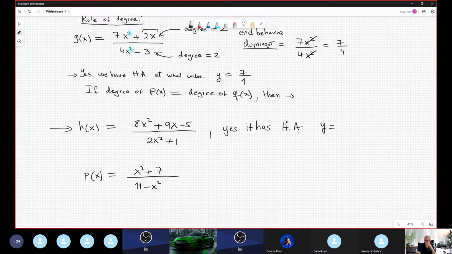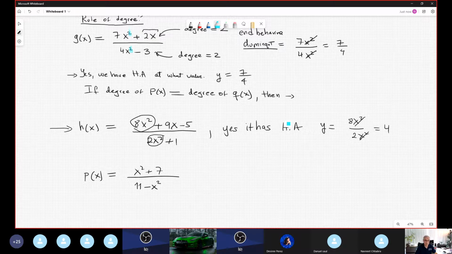What is the dominant monomial in the top? 8x squared is the dominant. What is the dominant in the bottom? 2x squared. It's obvious that x squared cancels and 8 divided by 2 is 4. Okay, so it's mechanical.